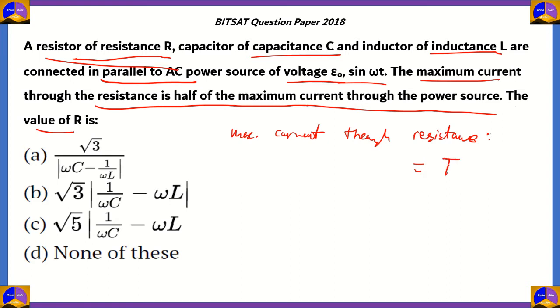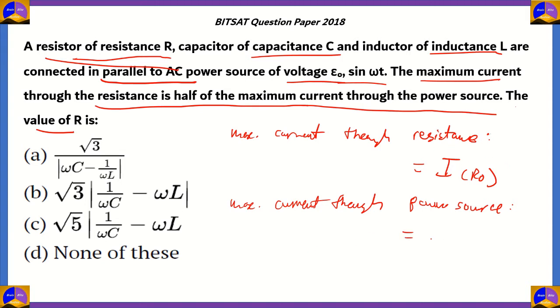So therefore, I_R naught is the maximum current through the resistance, and the maximum current through the power source will have the effect of all three parts, the inductor, the resistor, as well as the capacitor.